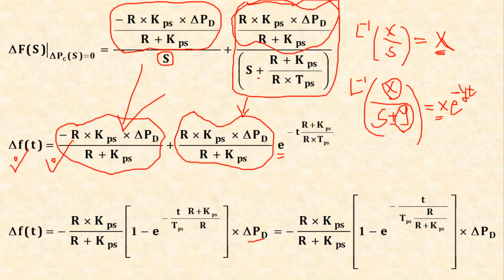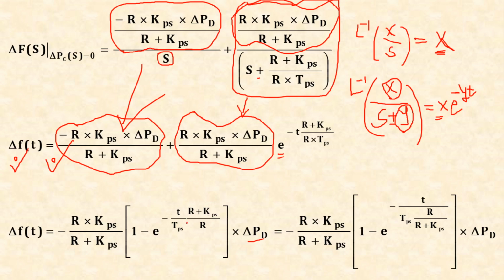So, over here 1 will be remaining, and I will take the negative sign also common. So, this plus sign becomes minus sign. This is the entire term which we have taken common. So, remaining term will be e raised to minus t into r plus kps upon r into tps. So, over here 1 minus e raised to minus t into r plus kps upon r into tps.